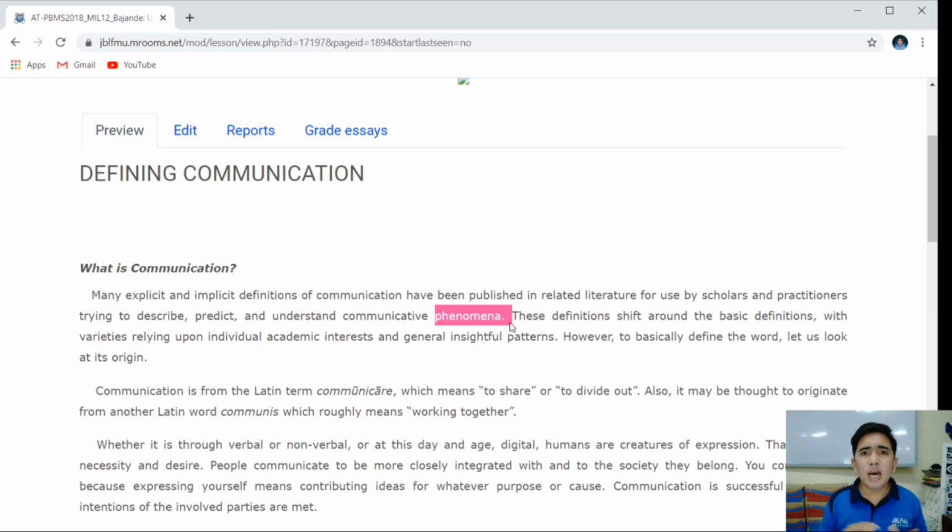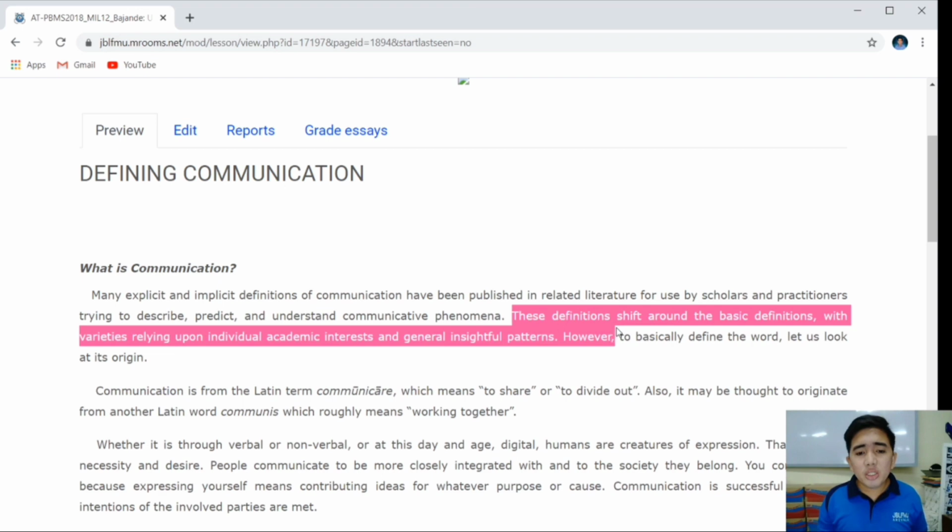You can get the definition from the dictionary, and it is also defined by many people who have been studying communication in its roots and its essence. Many researchers and scholars are trying to really study communication. They want to describe, predict, and understand communicative phenomena.